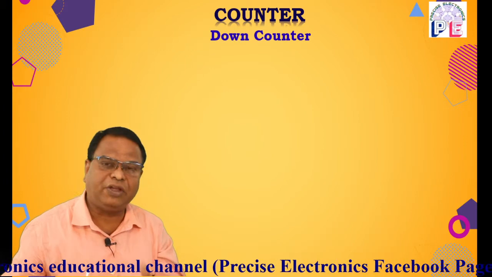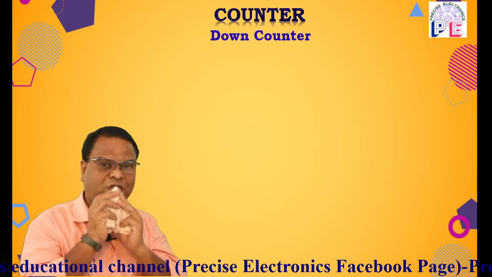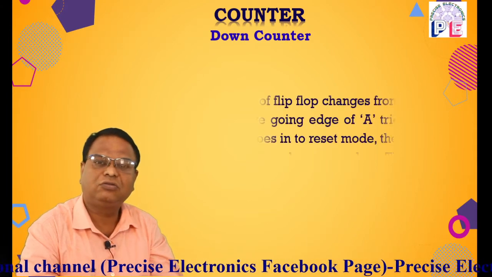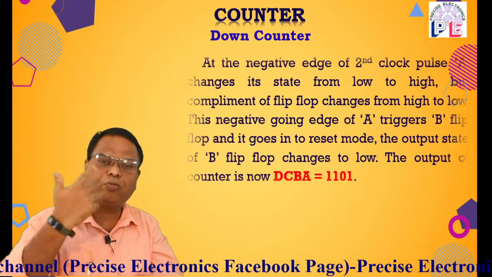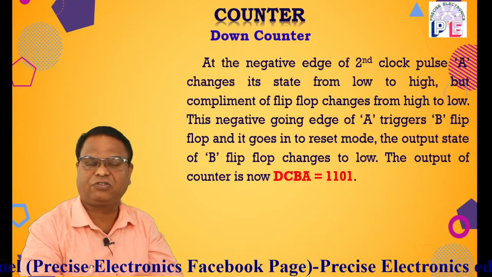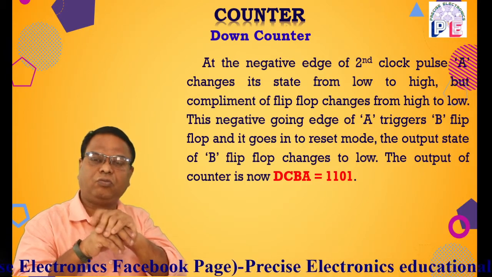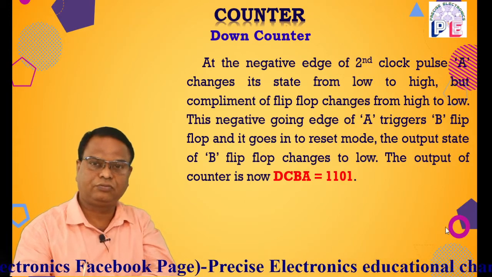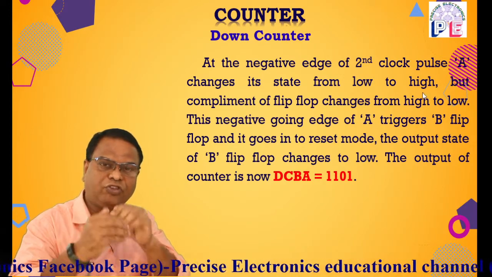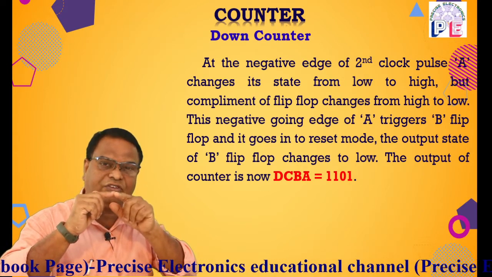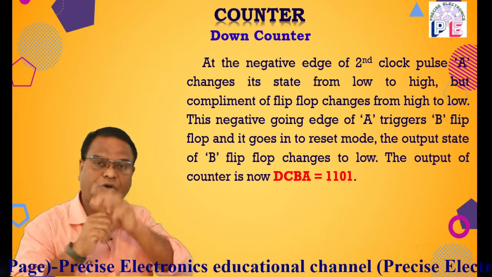When the next clock appears, at the negative edge of the second clock pulse, once again the A flip-flop toggles and the output of the first flip-flop changes from 0 to 1. This is a positive edge, 0 to 1.